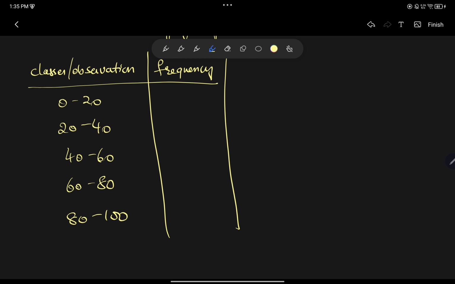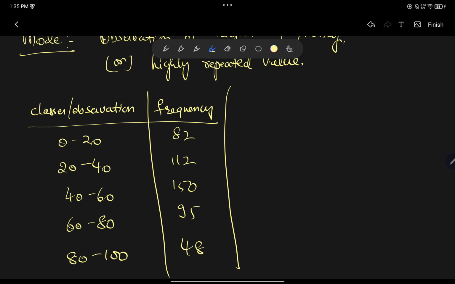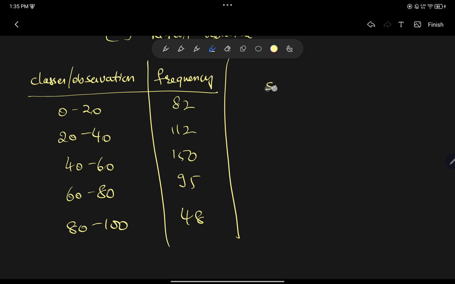Next, the frequencies they have given are 82, 112, 150, 95 and 48. This is the frequency. So as per the solution, first we need to find the highest frequency.